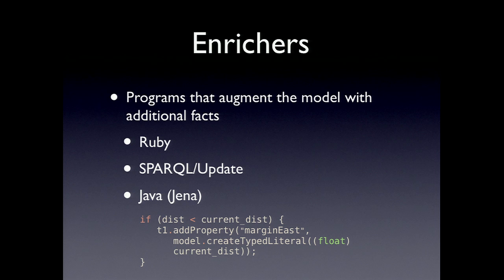As I said, we have these Enrichers, which are little programs that augment the model with additional facts. These can range from 3 lines to a couple of 100 lines of code, but most of them are 20-liners. We implemented some of them in Ruby, some of them in Java.